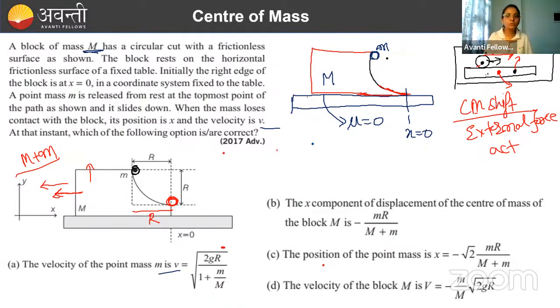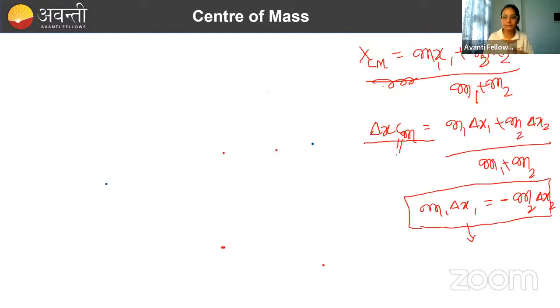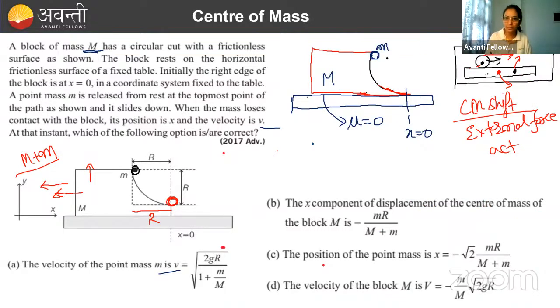Done. So if I apply this formula here, because no external force is acting, the shifting of one mass, let me write it, okay? Let's see it very wisely. So the shifting of the small mass, I write first, m that got shifted by R, will be equal to the shifting of the other.